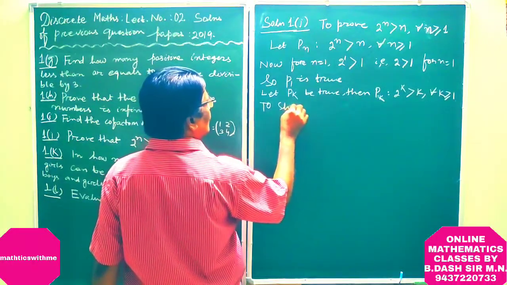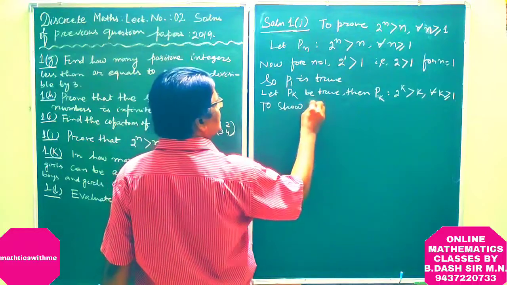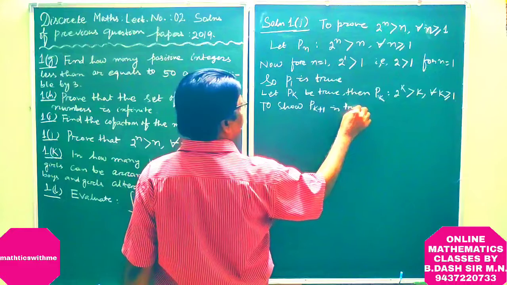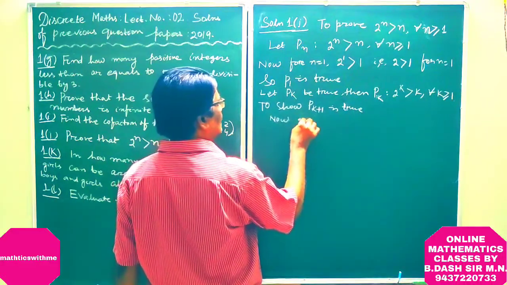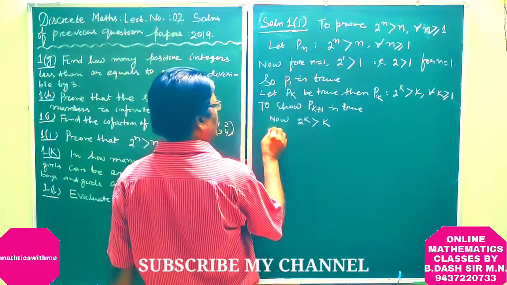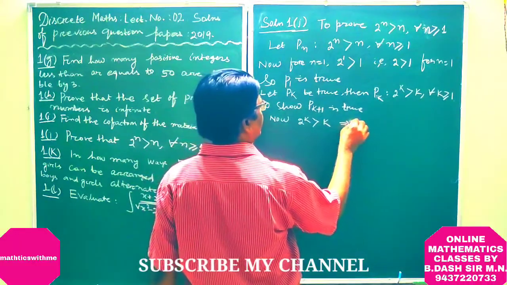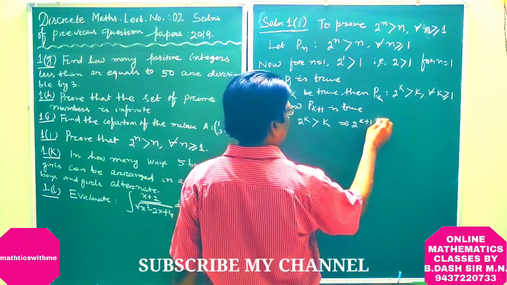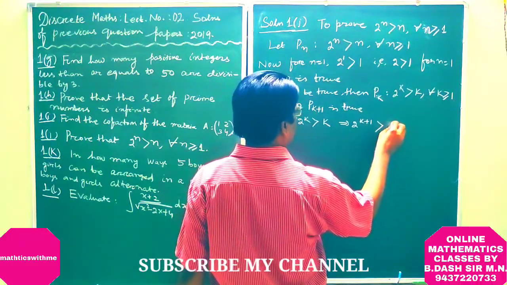Now we have to show Pk plus 1 is true. Now 2 to the power k greater than k implies 2 to the power k plus 1 greater than 2k.